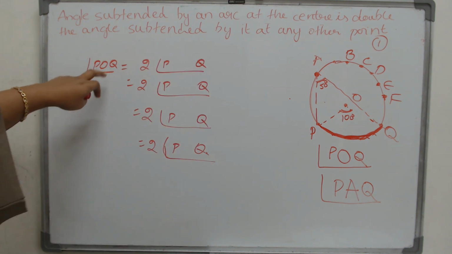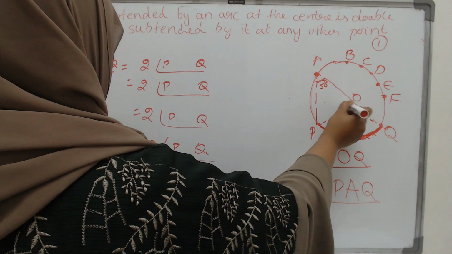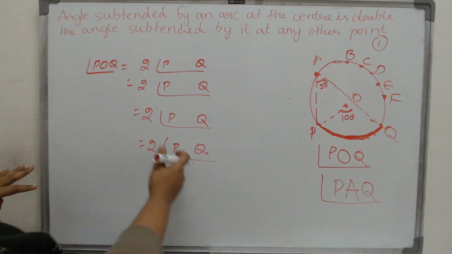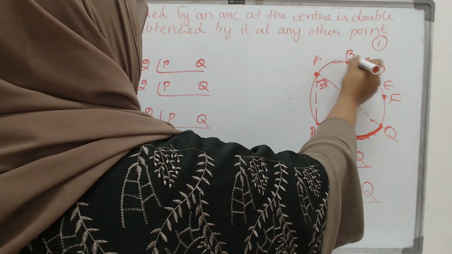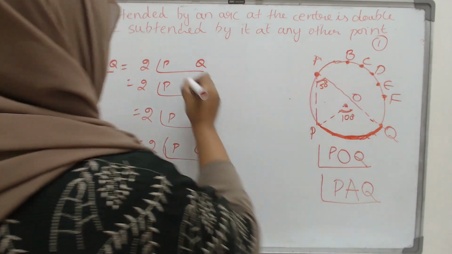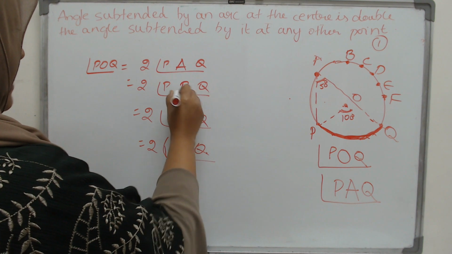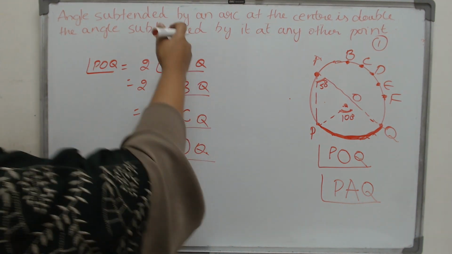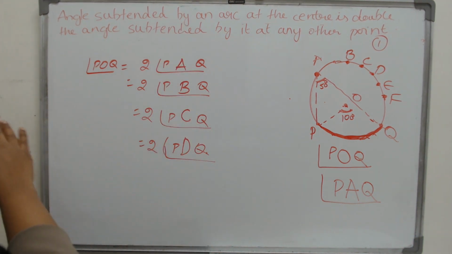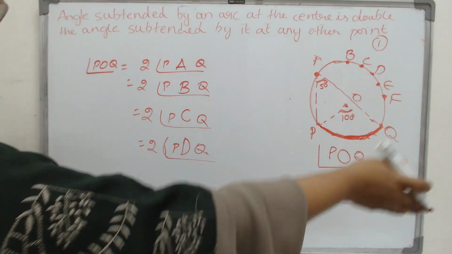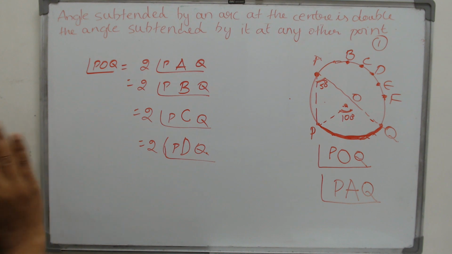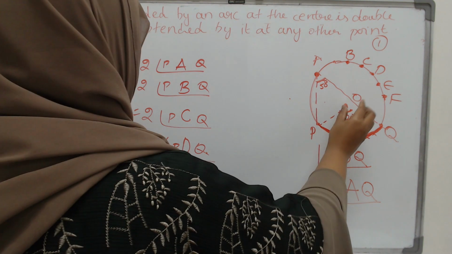Here you have one angle made at the center, and all of these angles are made at points on the circumference. Then all of them are the same. These are the angles made at these points. All of them will be 50, 50, 50, and all of them will be half of the angle made here.